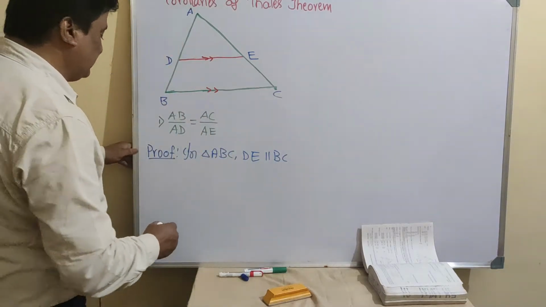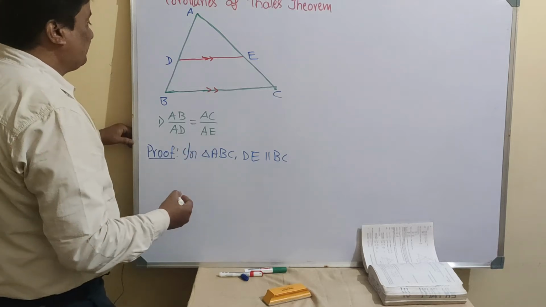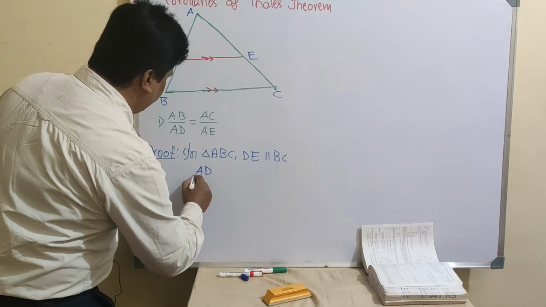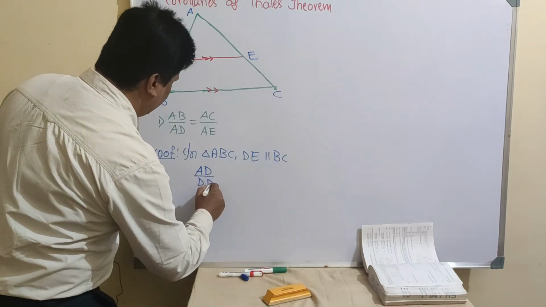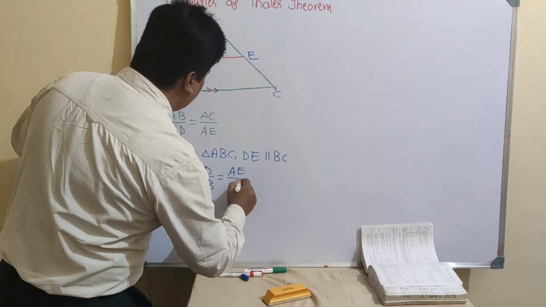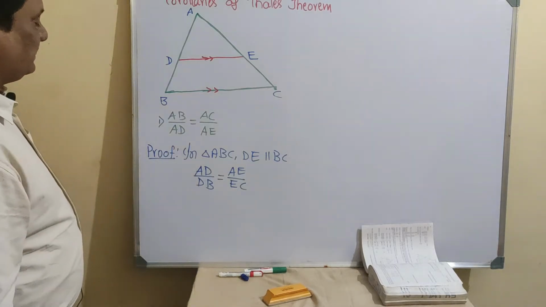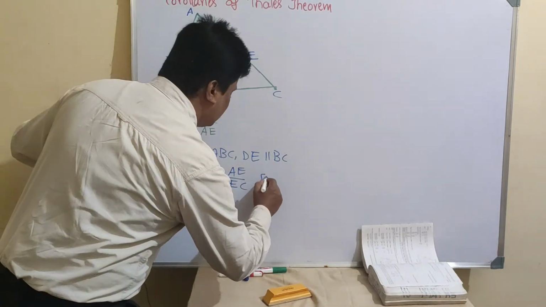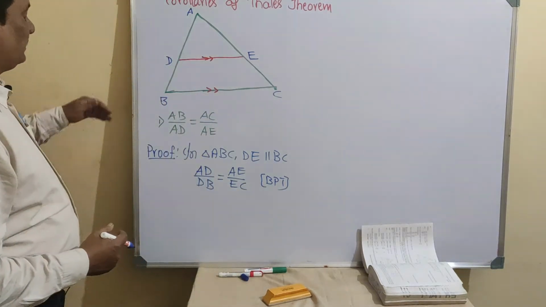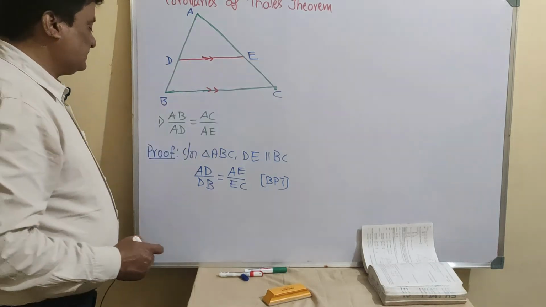As per the Thales theorem, the basic proportionality theorem, we can write AD by DB is equal to AE by EC. It is because of basic proportionality theorem. We can write AD by DB is equal to AE by CE.